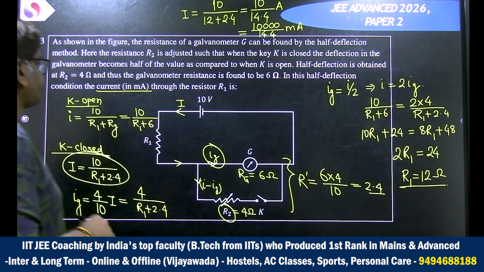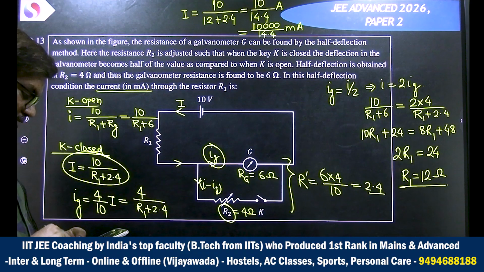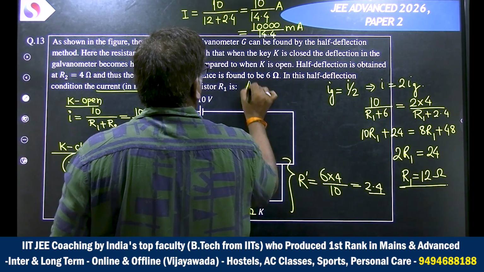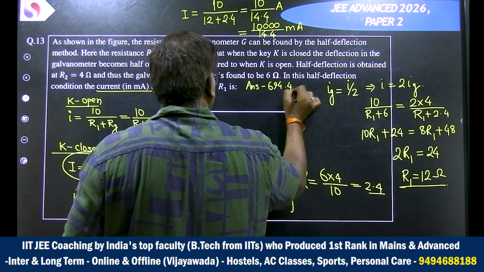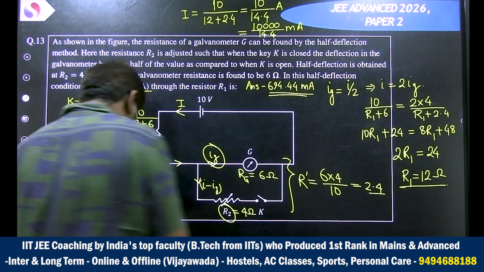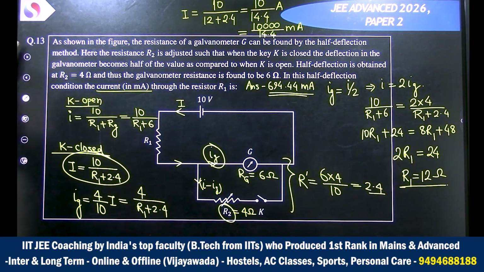It comes to 694. The final answer is 694.44 milliampere, to 2 decimal places. So 694.44 is the right answer.